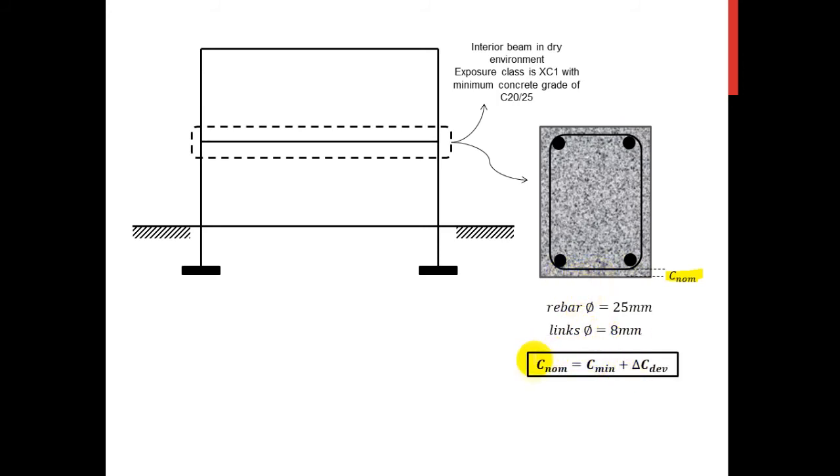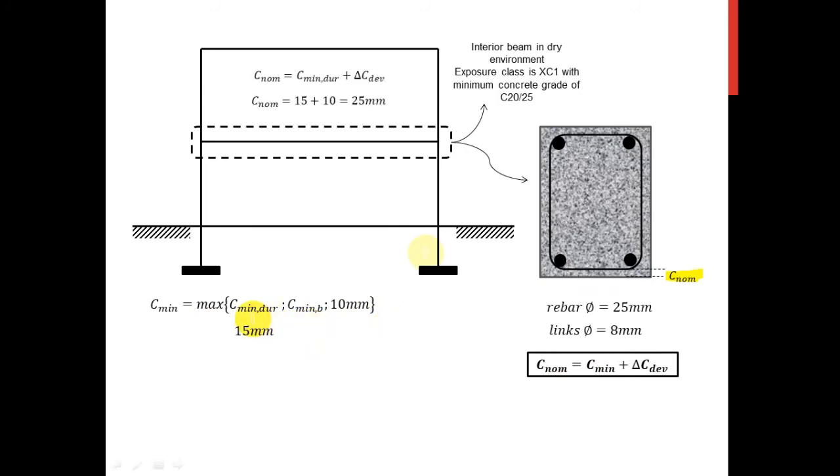Now from the same equation, in order to find the nominal cover here, I'm going to need this equation, of course. And in this case, you see the rebars exist, so I must take it into account. Now the minimum cover here is going to be the max of either, well, I take it from the durability or the bond or 10 millimeter.